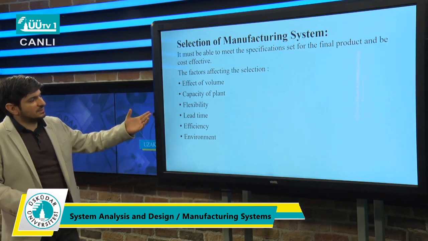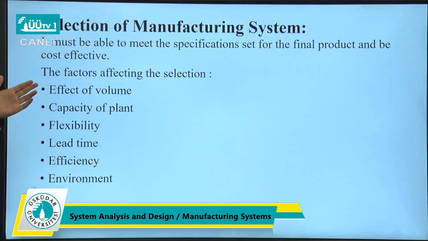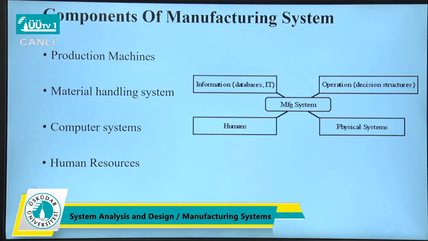These criteria can be listed as the effect of volume, capacity of plant, flexibility, lead time, efficiency, and the environment. These can be listed as important factors that affect reaching our final product at a required level and being cost effective.